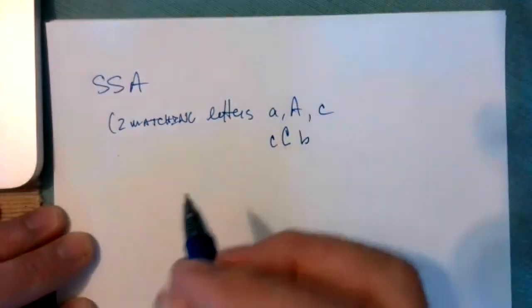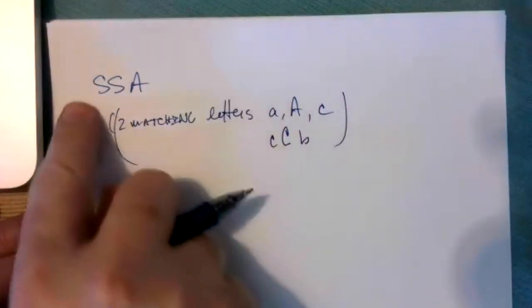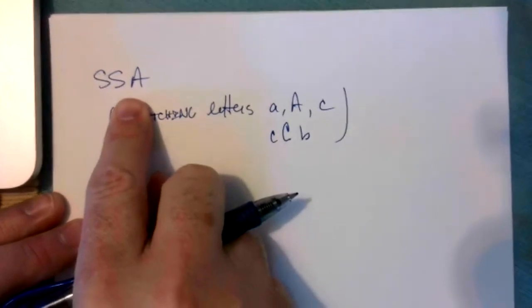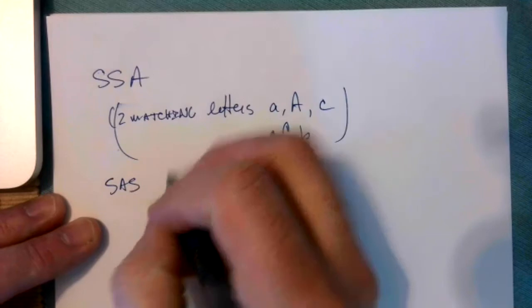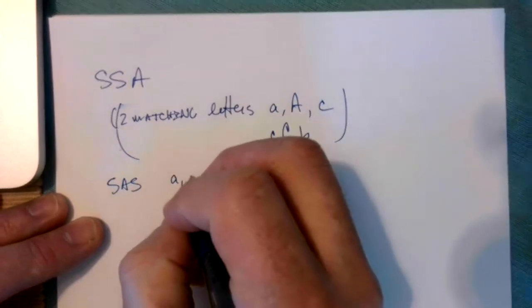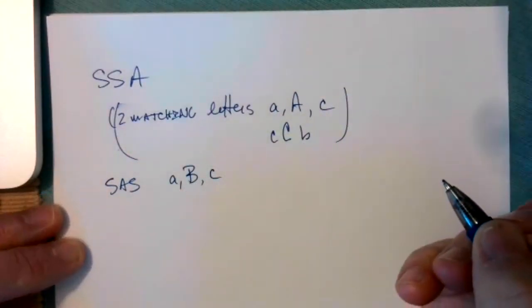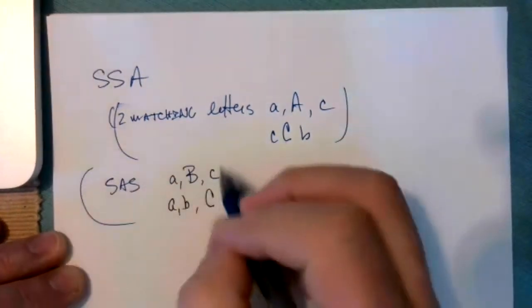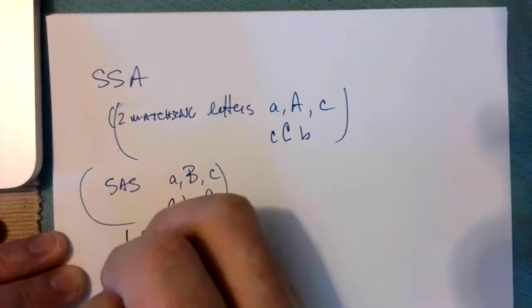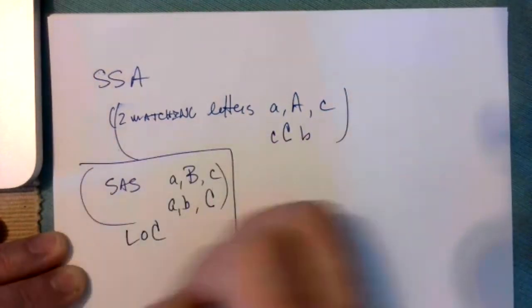That's how it's going to look in the list if you have two sides and an angle, not the angle between them. When it's SAS, you have all three letters, like A, B, C. That's a different setup, and the law of cosines will be used for that situation.